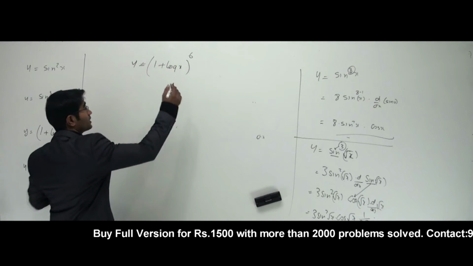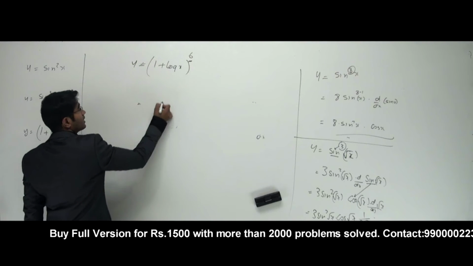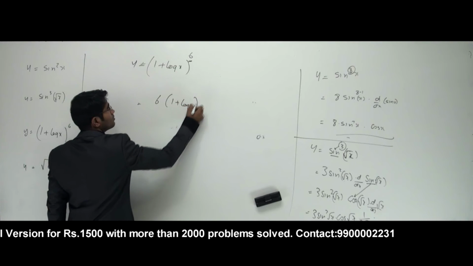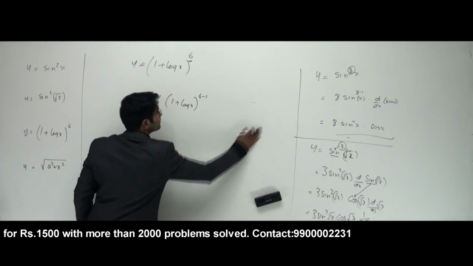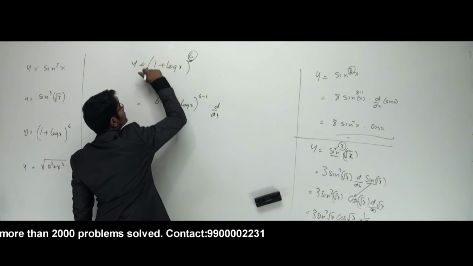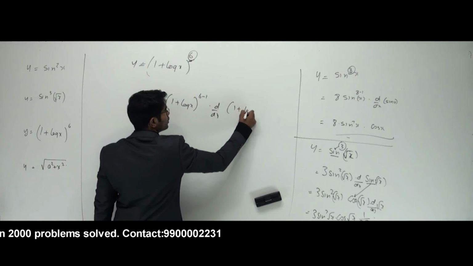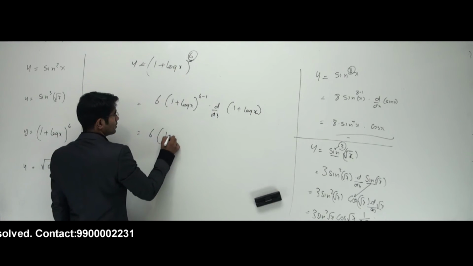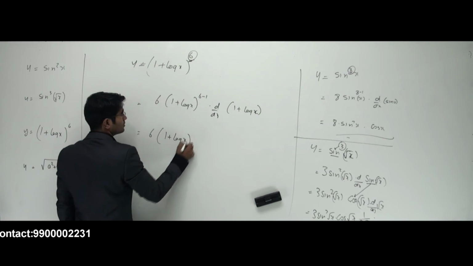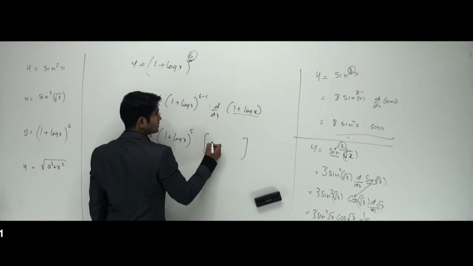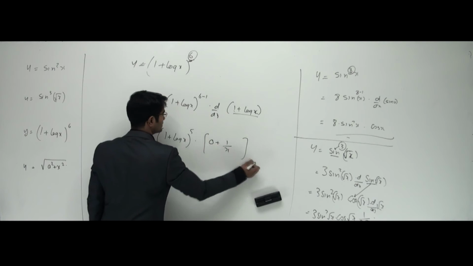The first chain, this guy, how will I differentiate? 6 into 1 plus log x the whole power 6 minus 1, into differentiation of, other than 6, what do you have? The whole thing, that is 1 plus log x. So what happens here? 6 into 1 plus log x to the power 5. And how to differentiate this guy individually? Differentiation of 1 is 0 and log x is 1 by x, and that's it.